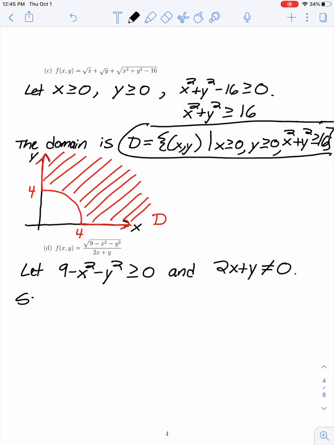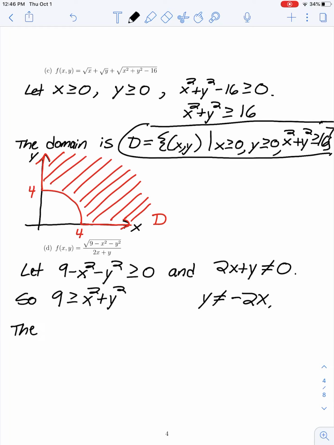So let's see what we would have for our domain. If we solve this first inequality, I would have 9 has to be greater than or equal to x squared plus y squared. And solving this non-equation for the second part of our domain, I could say that y cannot be equal to negative 2x.